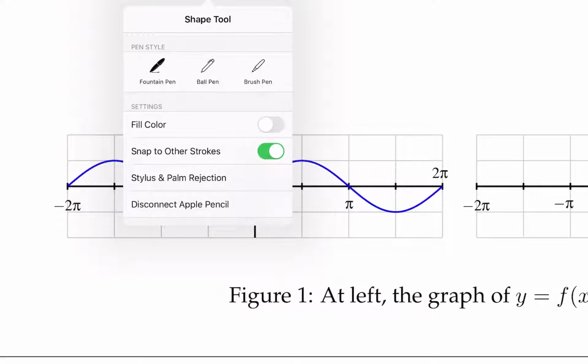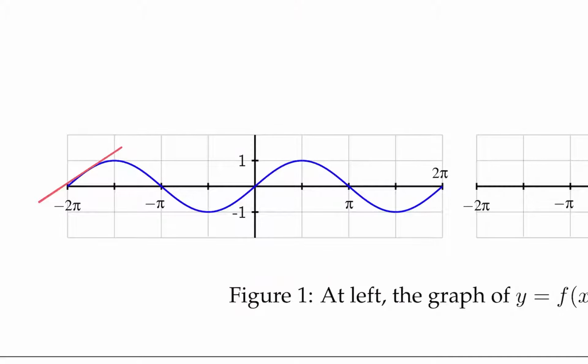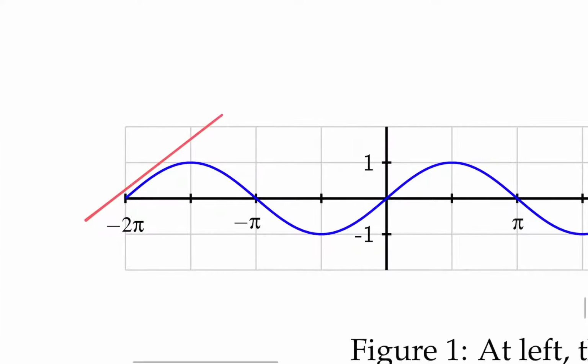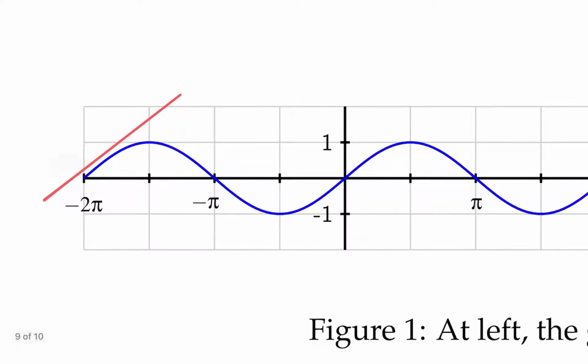So at negative 2 pi, yeah, sure, that works. At negative 2 pi, that's not exact. It actually should be more like this. There you go. Can I move that down? Nope, can't move that down. That's okay. And then at negative 3 pi over 2, the tangent line will look like that.